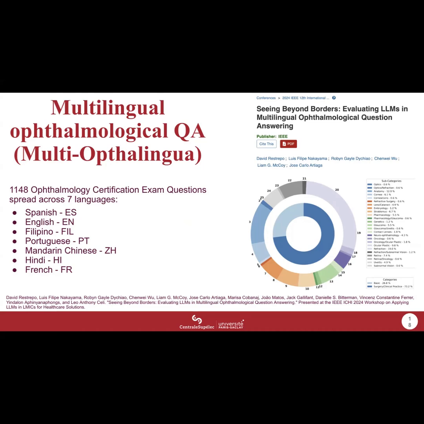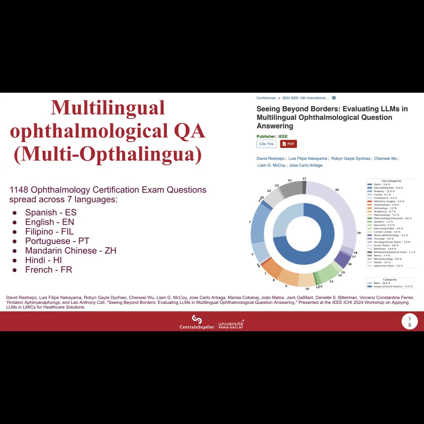Basically, we started with a cohort of original questions from the certification exam in Brazil. We translated with native ophthalmologists in different countries. We translated to Spanish, English, Filipino, Mandarin Chinese, Hindi, and French, making sure that the questions are also relevant in the other language.